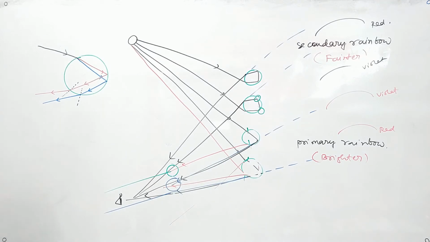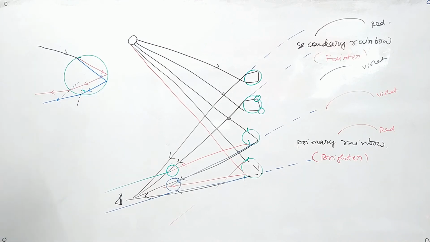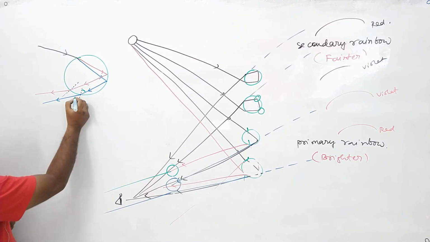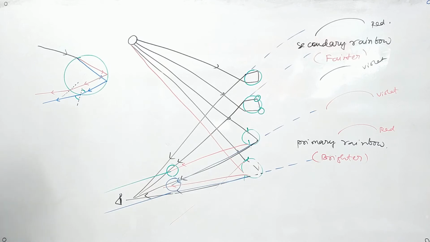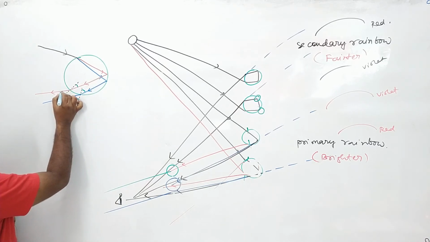Is that clear? Okay. Now if I look at both of the cases, this is the angle made by the violet inside, this is the angle made by the violet outside. But in case of red, this is the angle made inside, this is the angle made outside.